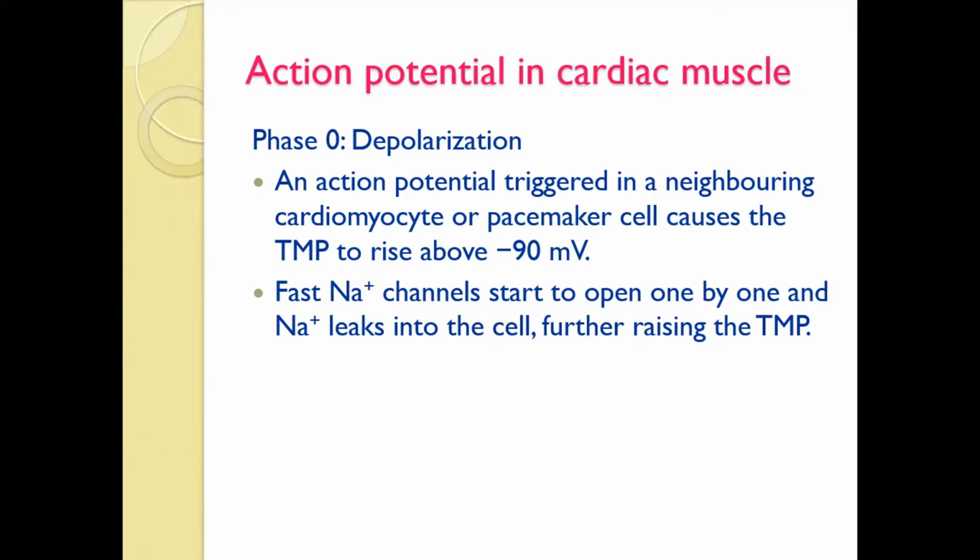Fast channels start to open one by one, and sodium leaks into the cells. The inside of the cell is negatively charged, so when sodium enters, it becomes more positive.